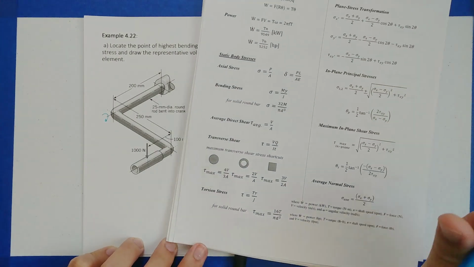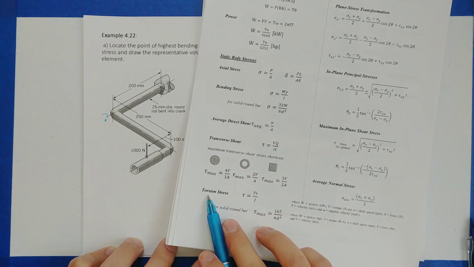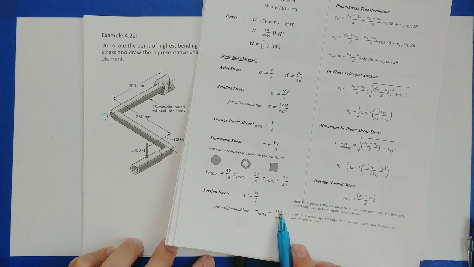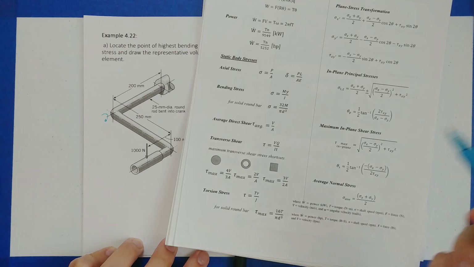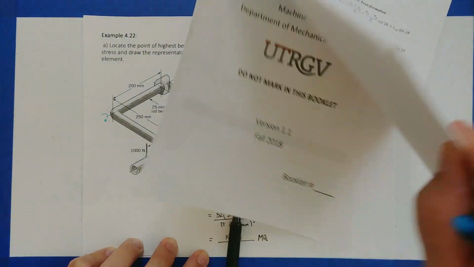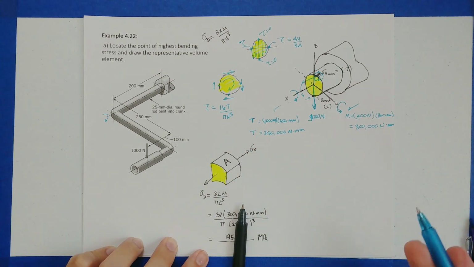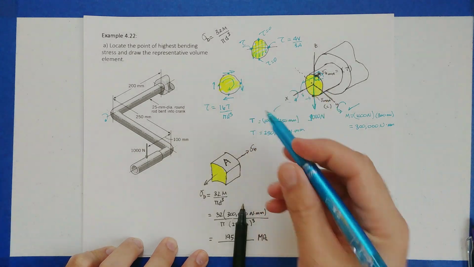So let's look at our formula sheet. Bending stress, average transverse shear, torsion stress for solid round bar, 16T by pi d cubed. And actually, if you continue using the shortcut formulas for the round bar, you're going to end up memorizing them, because the bending is 32 times the bending moment, the shear is going to be 16, so about half the magnitude. Anyways, let's go ahead and calculate this.